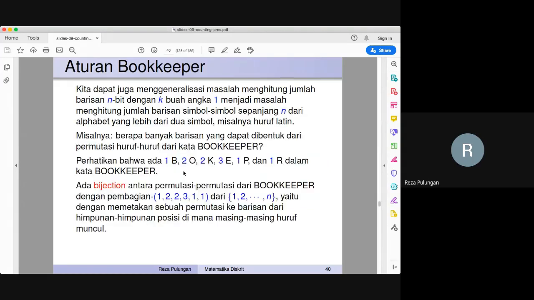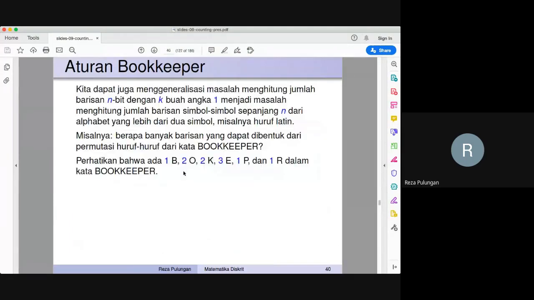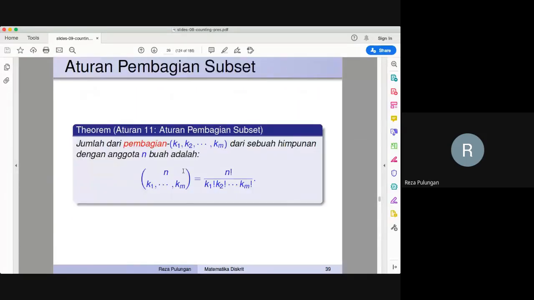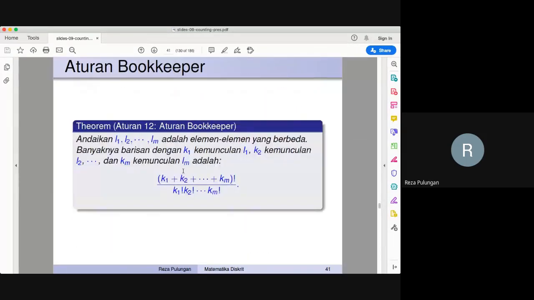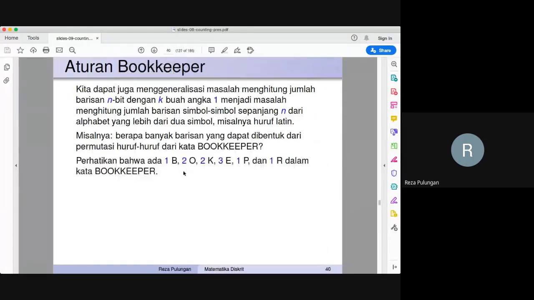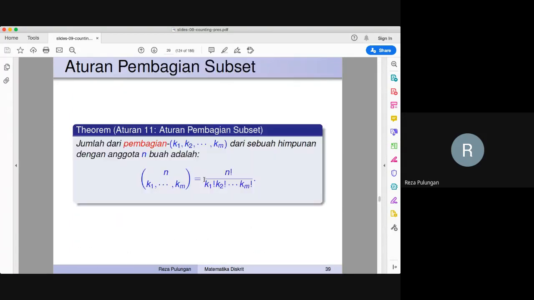Okay. Now, an example of this one is the bookkeeper rule. So the bookkeeper rule is just the same as this one. I'm not going to explain this in detail to you. The bookkeeper rule, you just read it yourself, but they are just the same because this k1 plus k2 and so on until km, if you add them together, will just exactly equal n here.